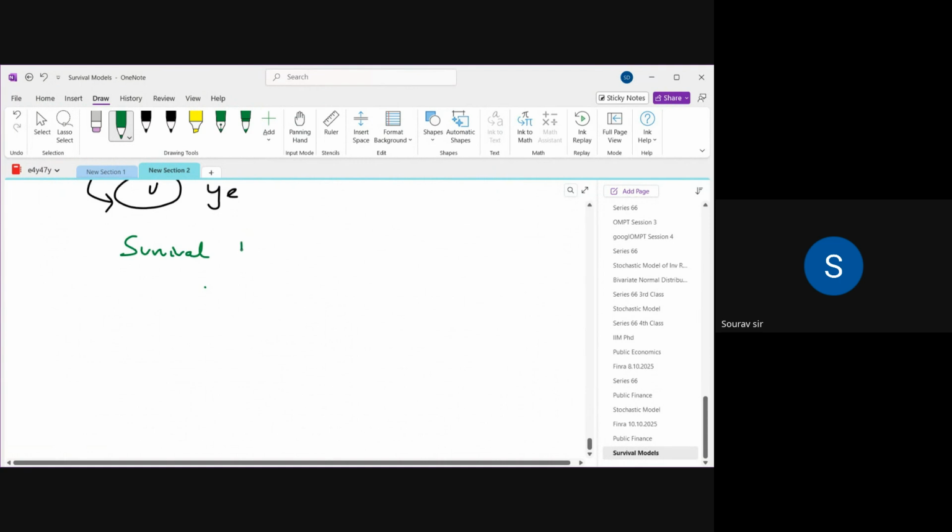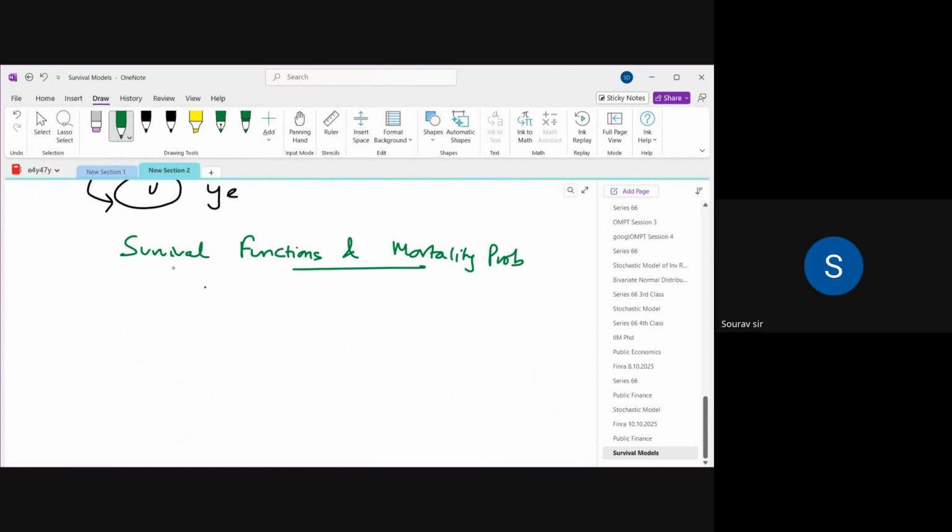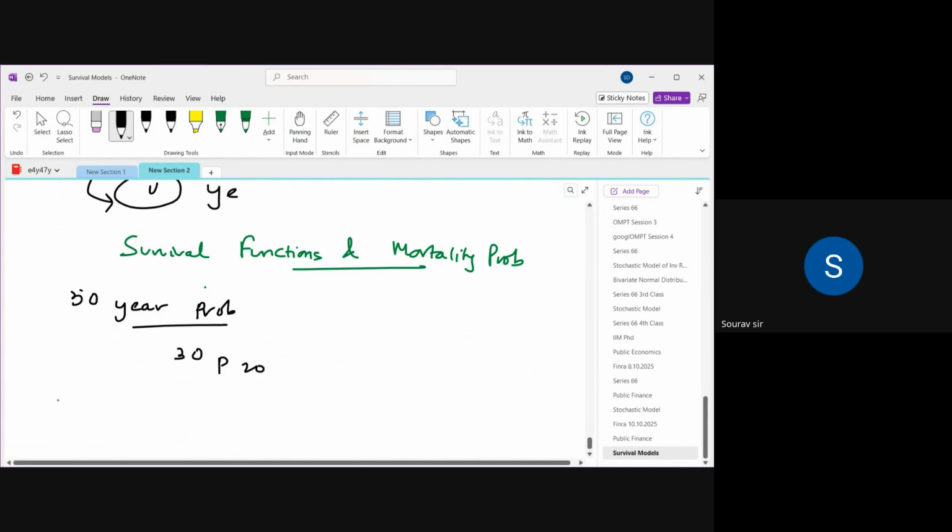Survival functions and mortality probability. Okay, so here, the 30-year survival probability. That means what? 30p20.